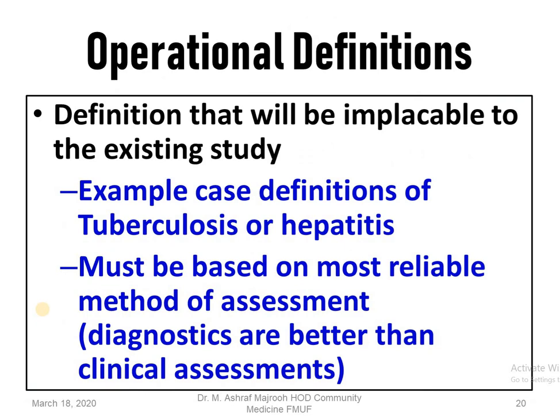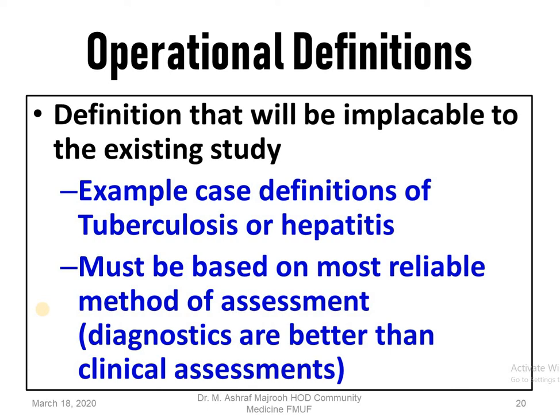Operational definition: we have to define a definition that will be applicable to the existing study. For example, if you are doing a study on tuberculosis, then you have to define the case definition of tuberculosis, to whom you will say in this study that is the confirmed case.